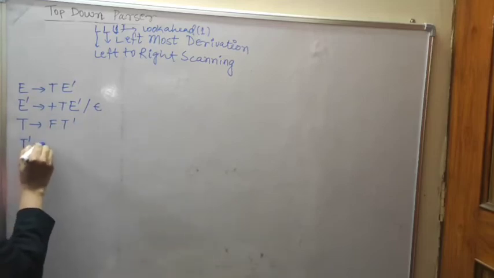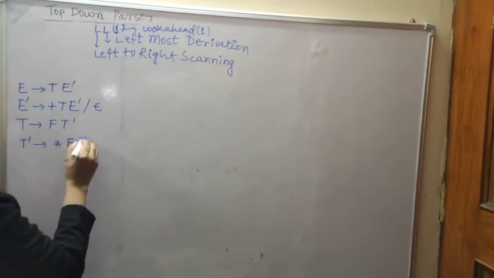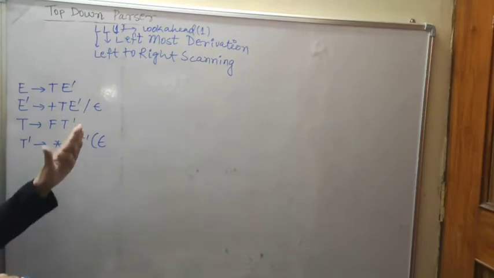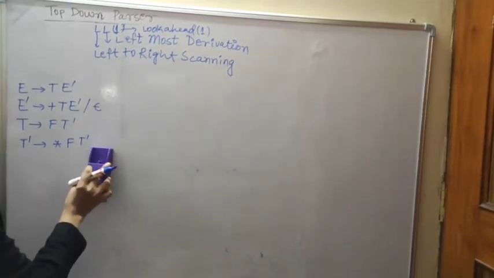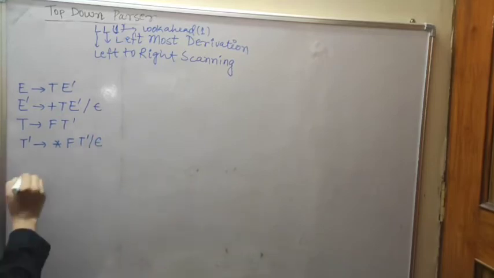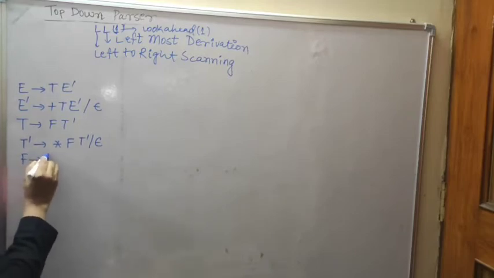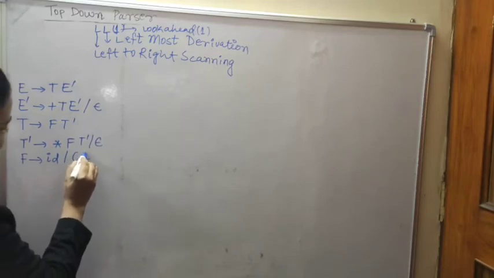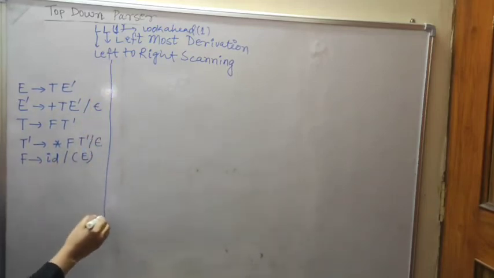T dash is multiplication F T dash or epsilon. Sorry, it is star. Now F goes to ID or, inside the parenthesis, E. So this is the production rule.